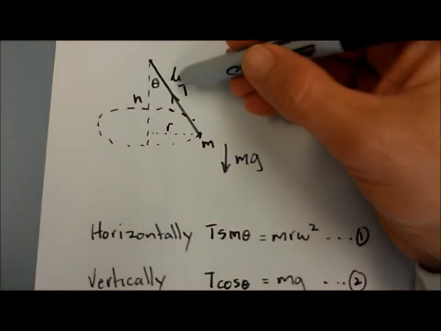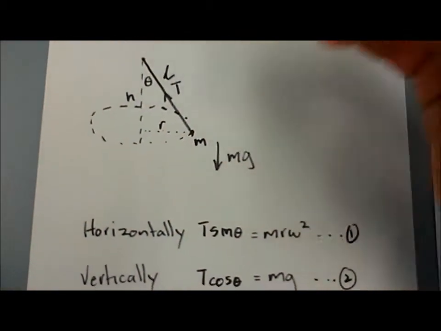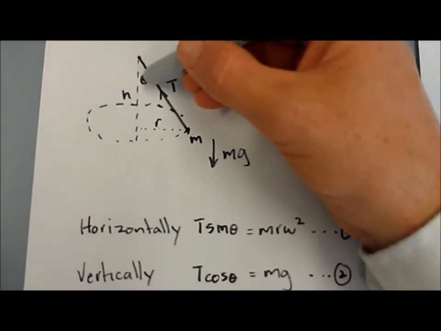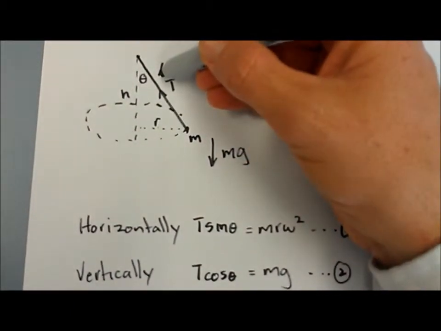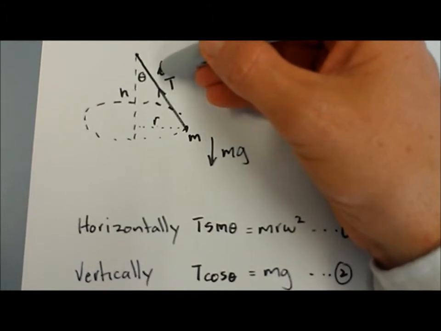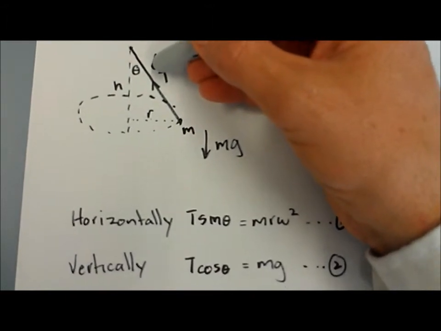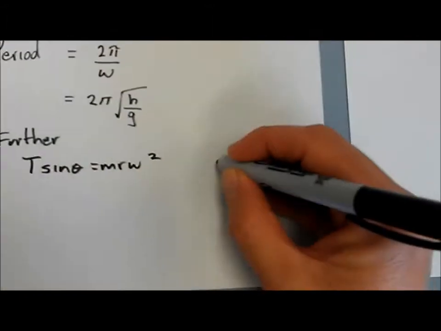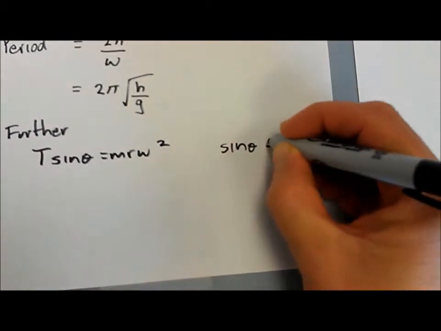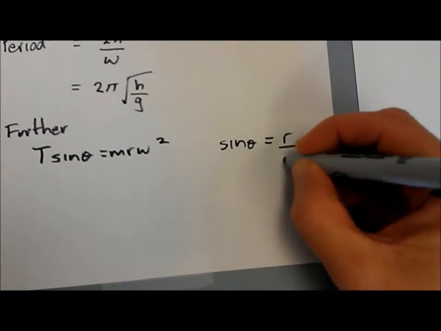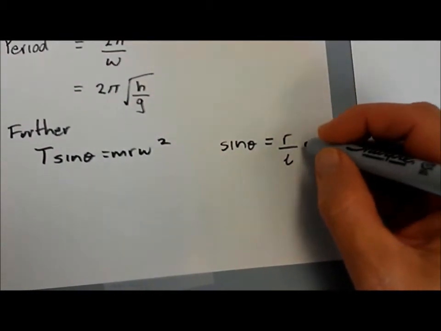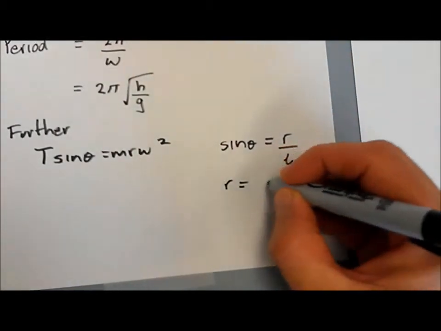Further, coming back to my diagram, if I know the length of string for my pendulum, then I can see here that sine theta is opposite over hypotenuse. So sine theta is equal to r on l, or in other words, r is equal to l sine theta.